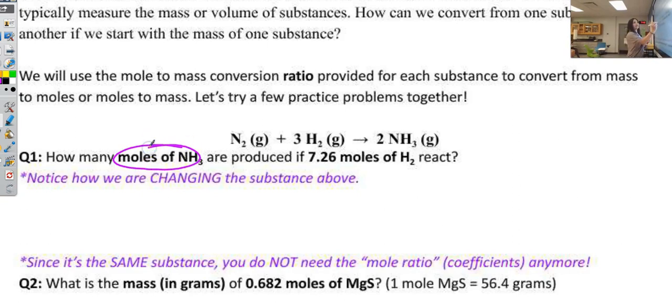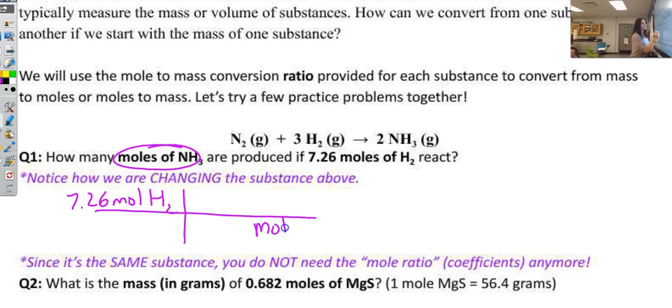Circle what you want, write what you've got, 7.26 moles of H2, throw in a bridge, cross your units opposite. Look for what I'm trying to find, and that's mole of NH3. Remember, we get these numbers not from here. Do not cross this number opposite. We're getting it from our bridge, or for my ratios, I've got 2 with the NH3, and I've got a 3 with the H2.